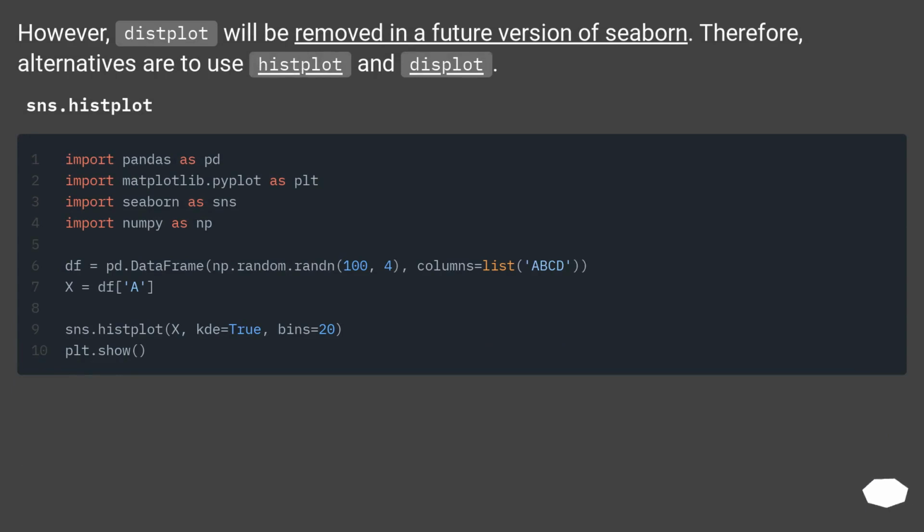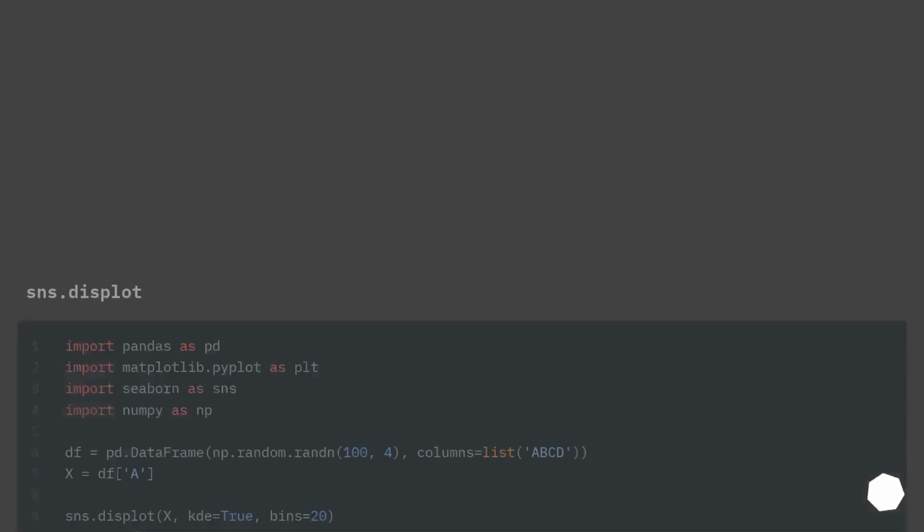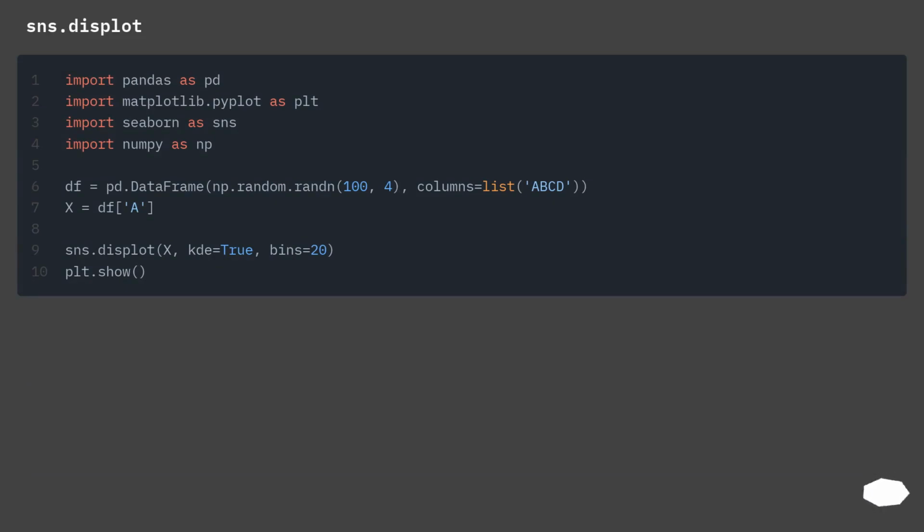Therefore, alternatives are to use histplot and displot. sns.histplot. sns.displot.